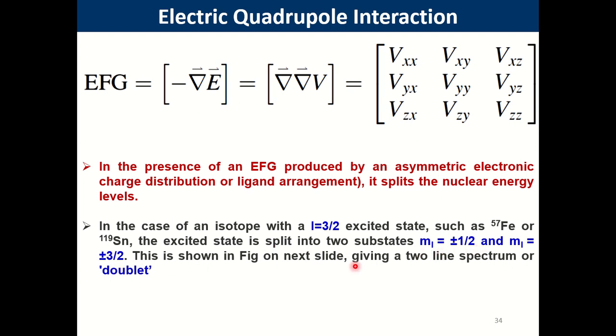You can see that the splitting does not distinguish between plus half or minus half, or plus 3/2 or minus 3/2. It only depends on the magnitude of the magnetic spin quantum number, not the direction.